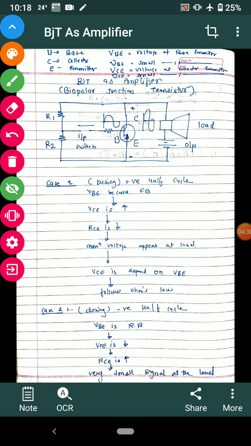When base-emitter is forward biased, the switch is closed. Maximum current flows from input to output, and the resistance decreases. Simply: voltage increases, current increases, resistance decreases.